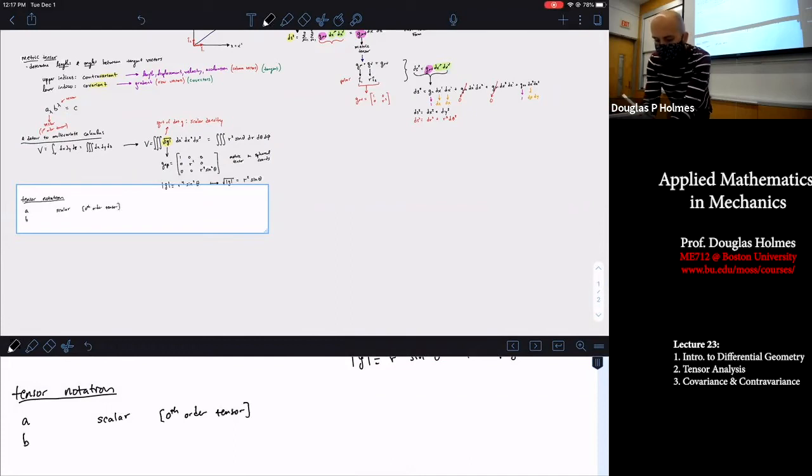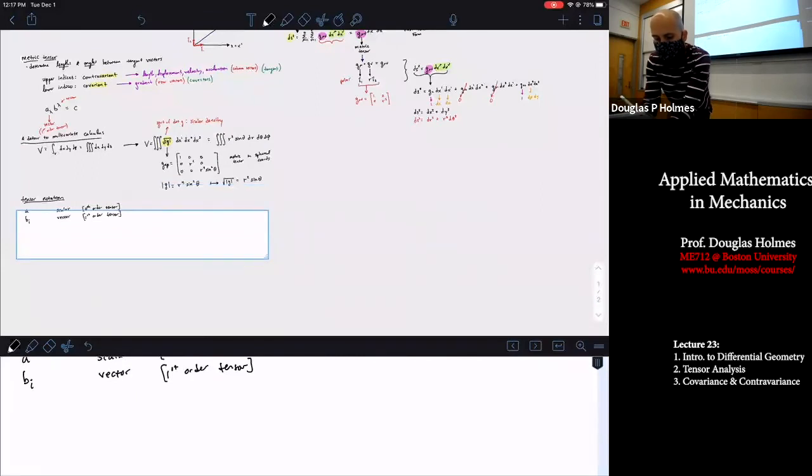A vector is a first order tensor. It's got one subscript. What you're used to thinking of as a tensor is something with two subscripts, and that's more formally a second order tensor.